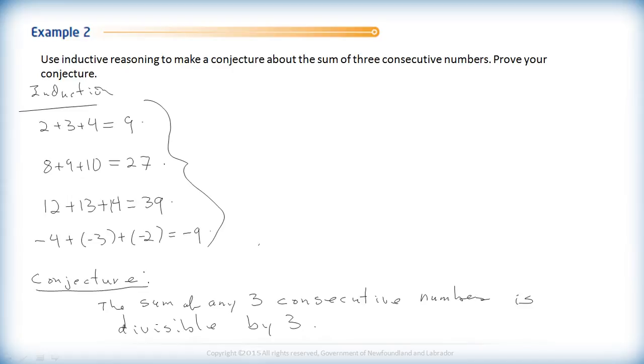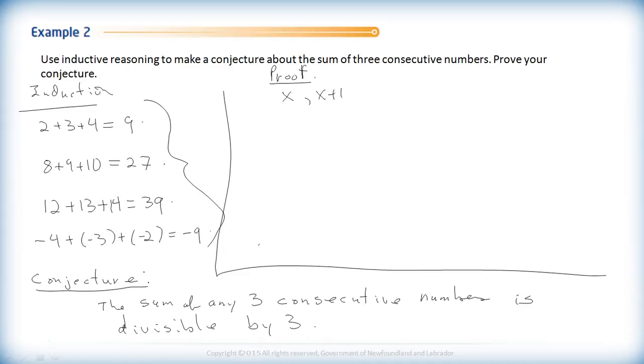Okay, so now we have to prove it deductively. So let's try a proof. Our 3 consecutive numbers, let's say they're going to be x, x plus 1, and x plus 2. Okay, so the sum of those 3 numbers is going to be x plus x plus 1 plus x plus 2, which will be 3x plus 3.